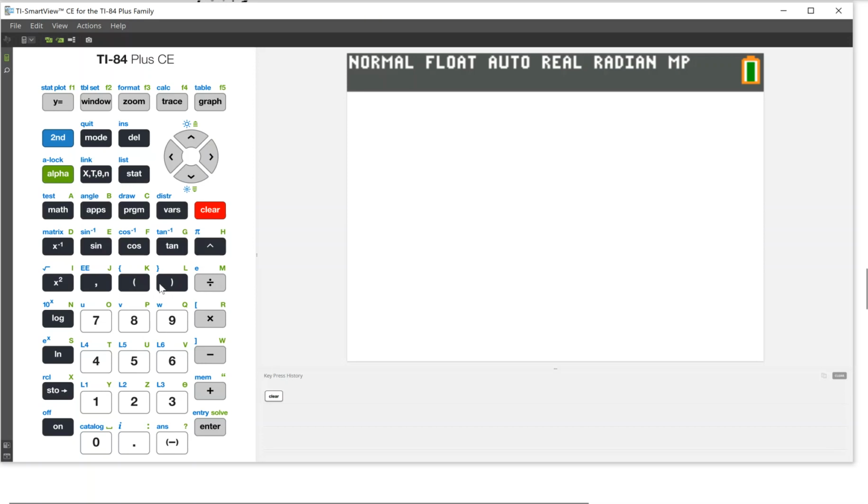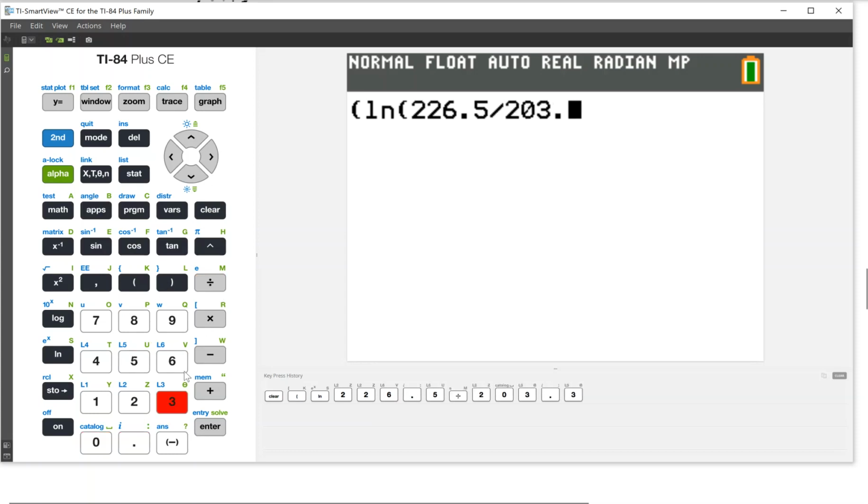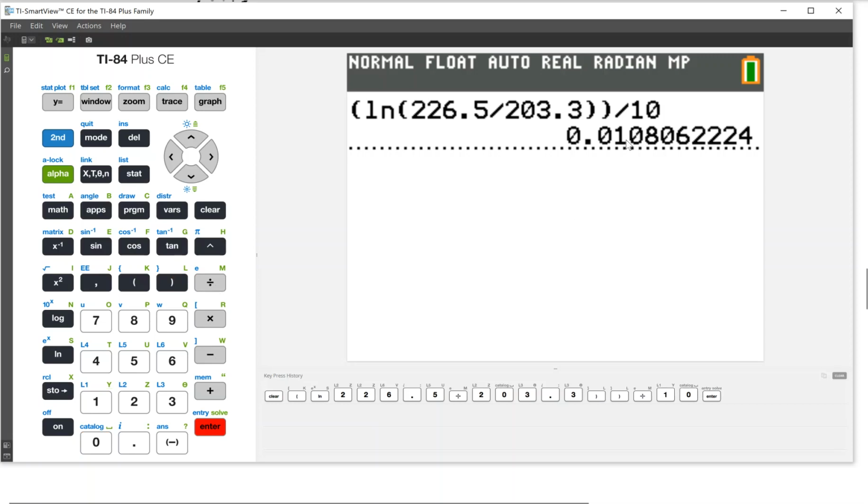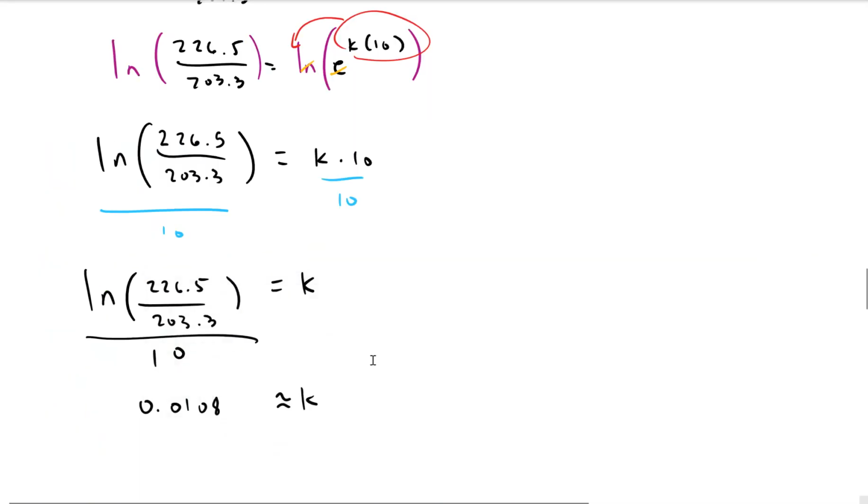We'll have open parentheses because we have a numerator and a denominator, then ln, 226.5 divided by 203.3, close parenthesis, divided by 10. And we get 0.0108. So that's what we're going to use.